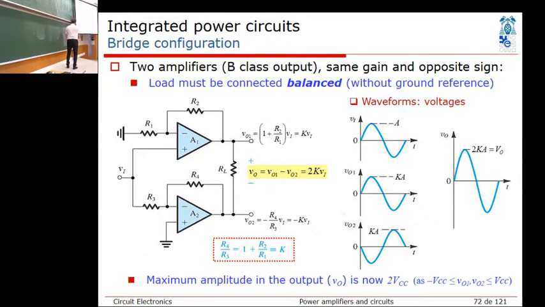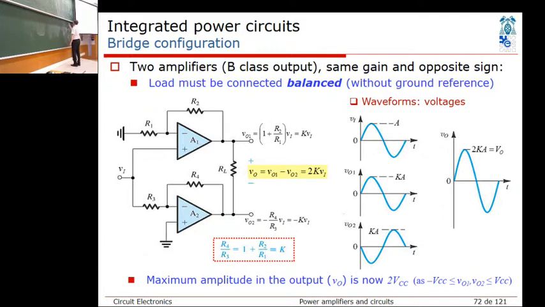Since actually this part here runs the signal on the positive amplification cycle, and this side actually on the negative side.